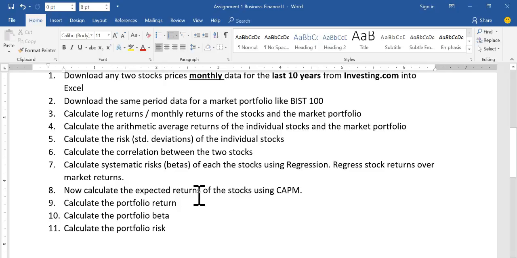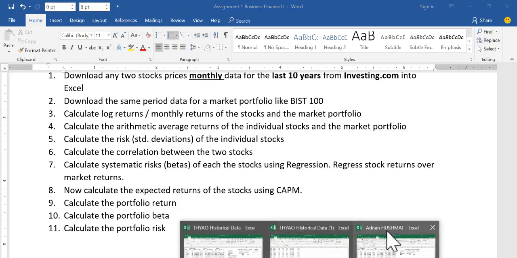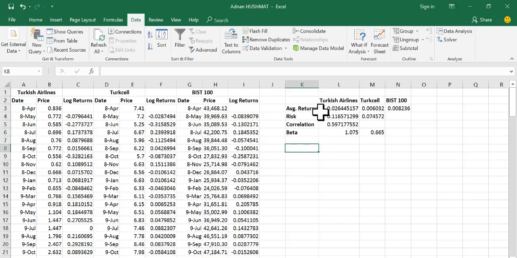Now calculate the expected returns of the stocks using CAPM. Let's see how we can calculate the expected returns on these stocks using CAPM. As you know, in CAPM the expected return is equal to the risk-free rate of return plus beta times the market risk premium.